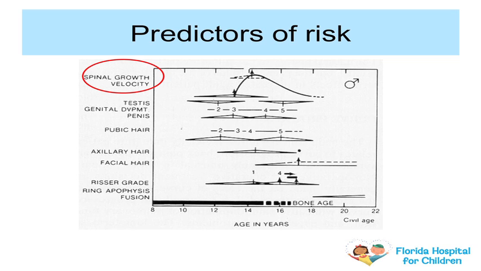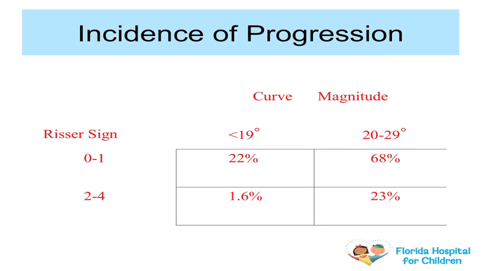If you were to look carefully at what the scientific literature says, people say that really it's all about maturity and about the curve size. If a child's very mature, the risk is very low. If the child's very young, the risk is very high. Also, if the curve is very small, the risk is very low, but if the curve is larger, the risk is very high.